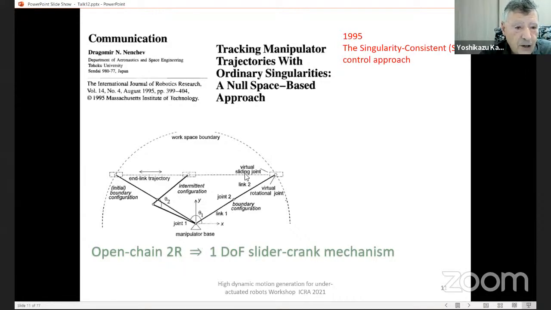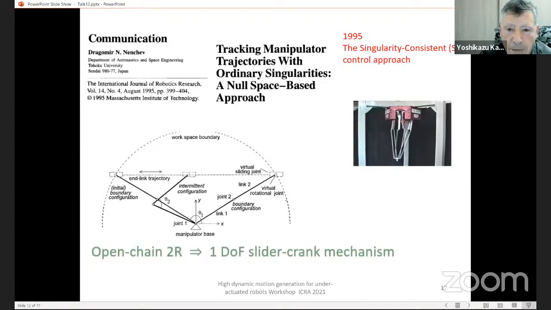You can think of this system as a closed chain slider crank mechanism of 1 degree of freedom, like this. When you think of this, we don't have any singularity. The singularity simply disappears from the equation. So the manipulator can come here and then go back by reconfiguring itself. We implemented this with a real parallel link robot in 1994.